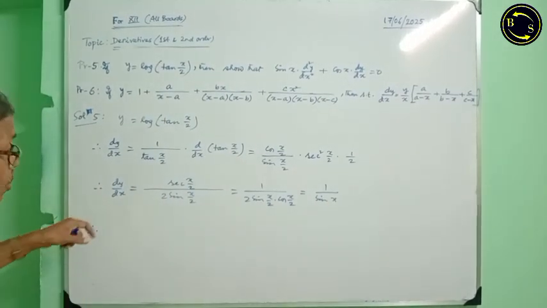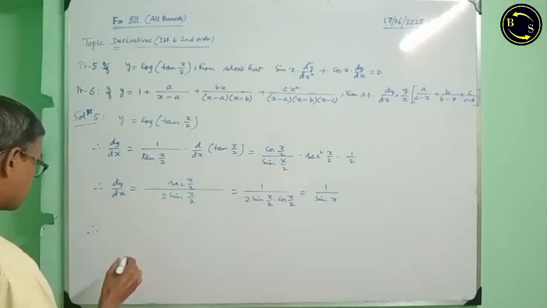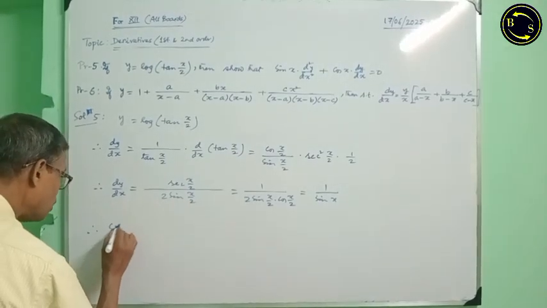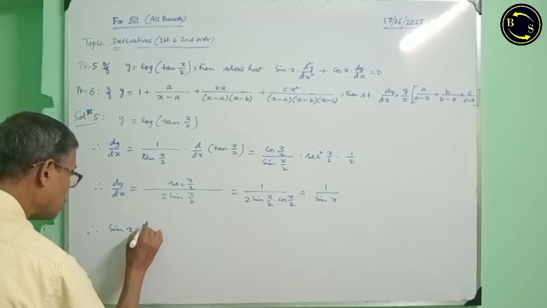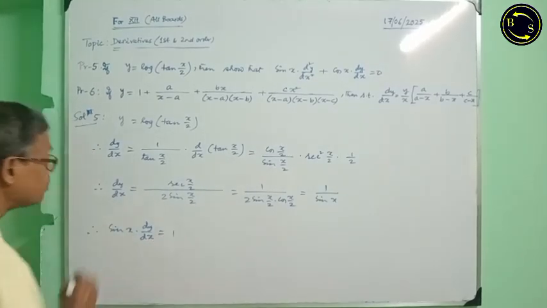Thus, on simplification, dy by dx is equal to 1 by sin x. Therefore, sin x into dy by dx is equal to 1.